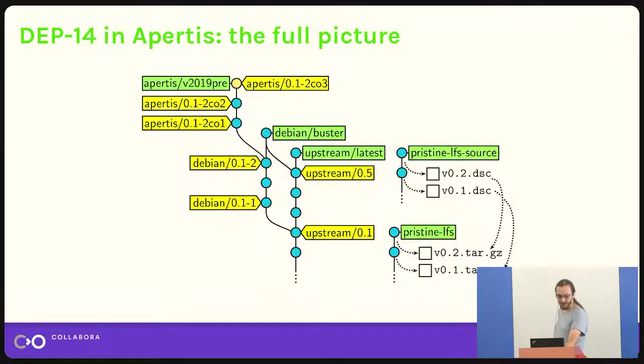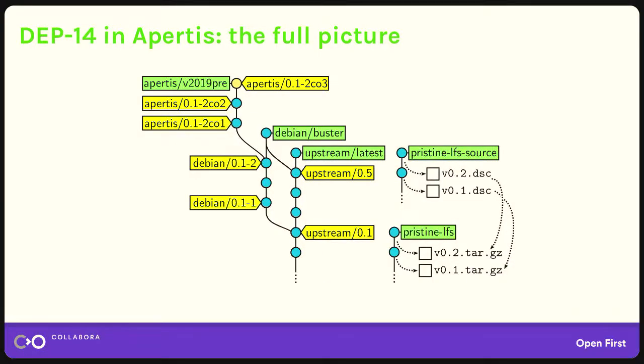And this is the backporting process I explained previously. You can see the pristine-lfs source branch has those full source packages, including the tarballs and Debian things, and they all share the tarballs stored in the Git LFS storage.